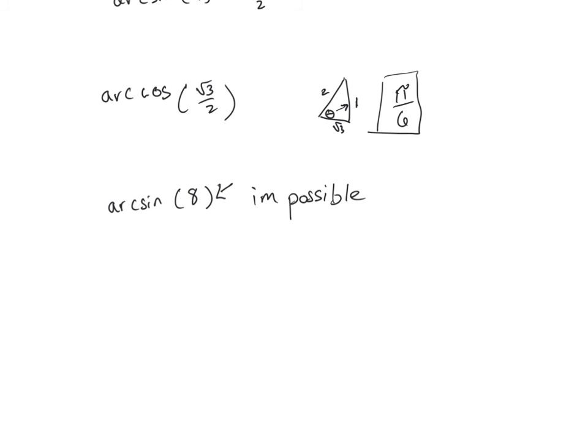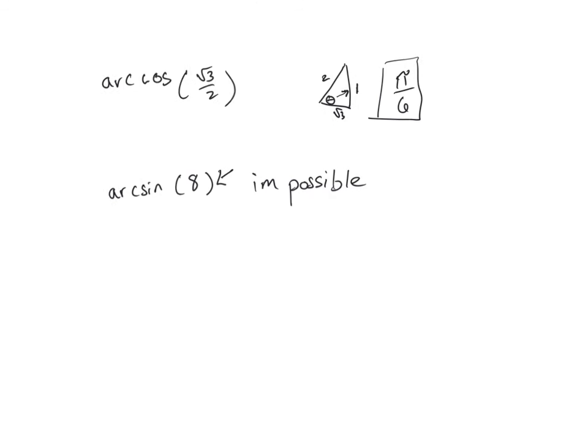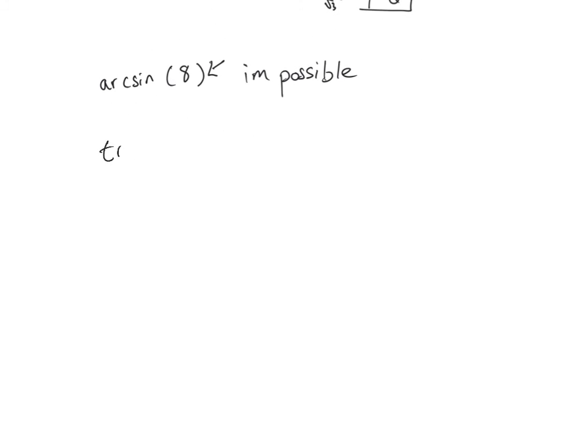Let's try another one. Let's say we have tangent of negative 1, so the inverse tangent of negative 1. Same thing, it means the arctangent of negative 1. So let's think of when tangent is 1.